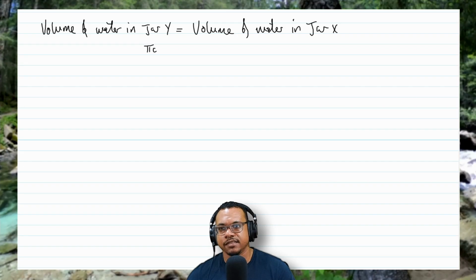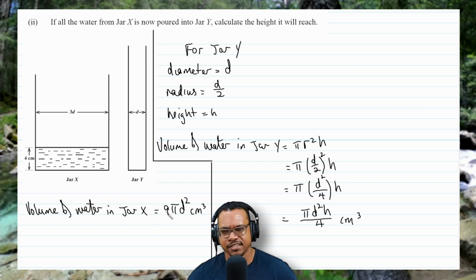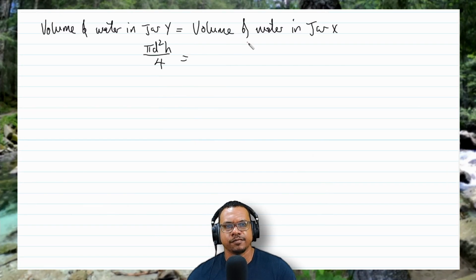So that's pi d squared h over 4 is equal to, and the volume of water in jar X is 9 pi d squared. All right, so that's equal to 9 pi d squared.